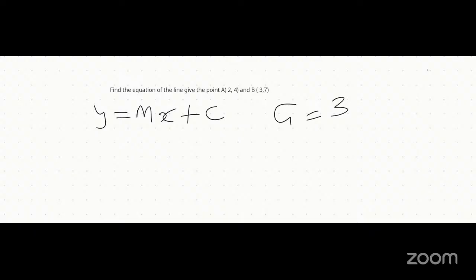Since we're using point A, which is (2, 4), let me write it down.